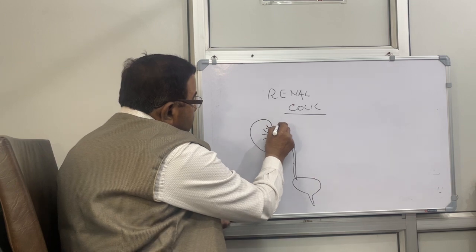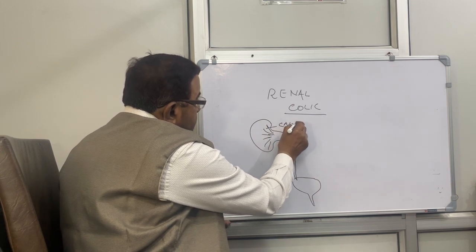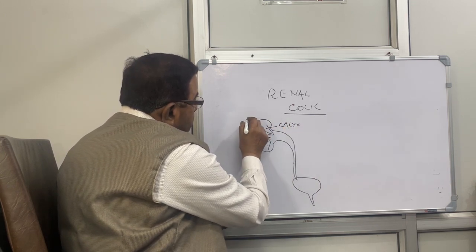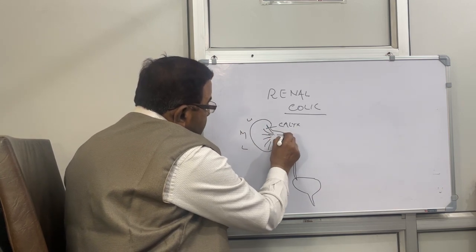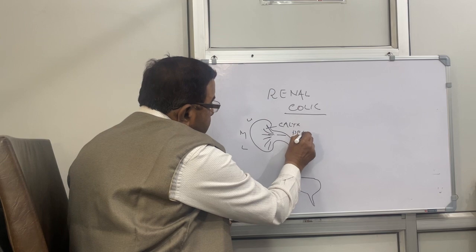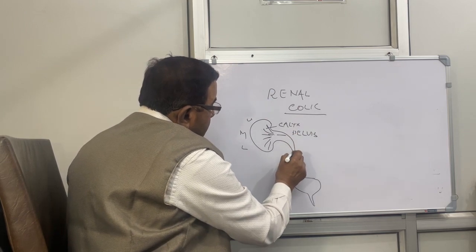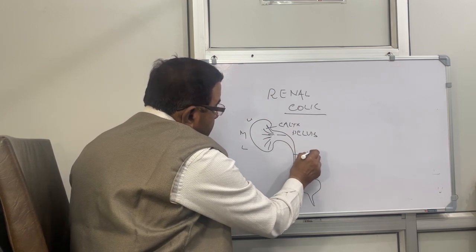These are calyces, upper, middle, lower. This is the pelvis of the ureter. This is the ureter.